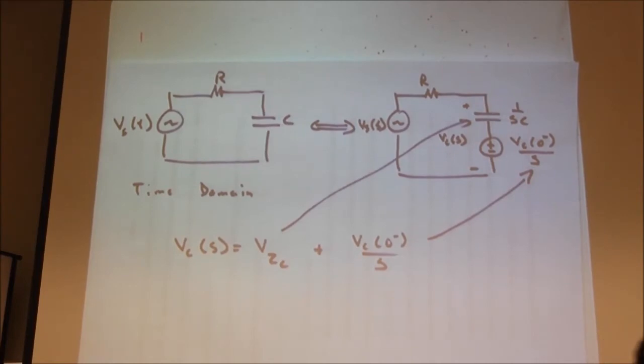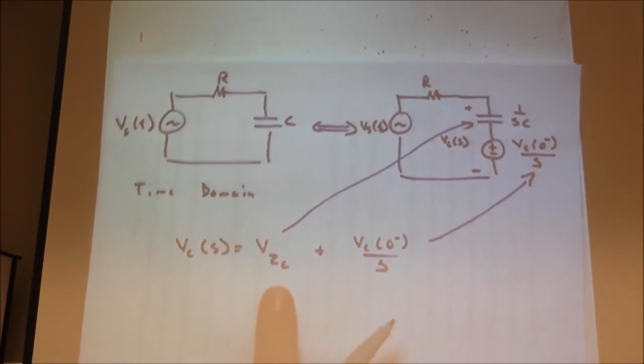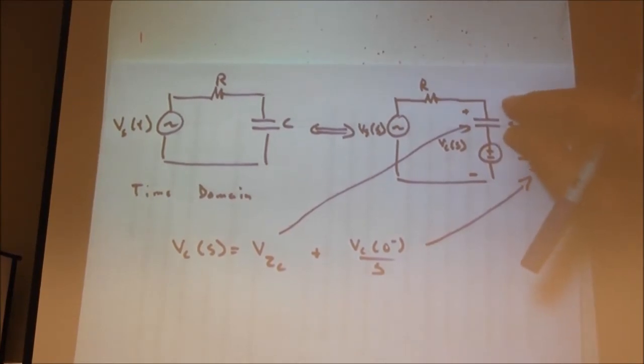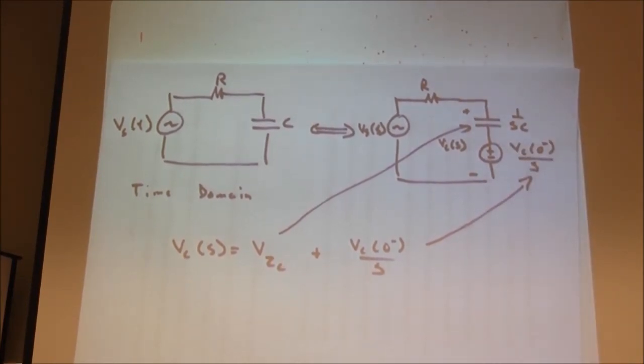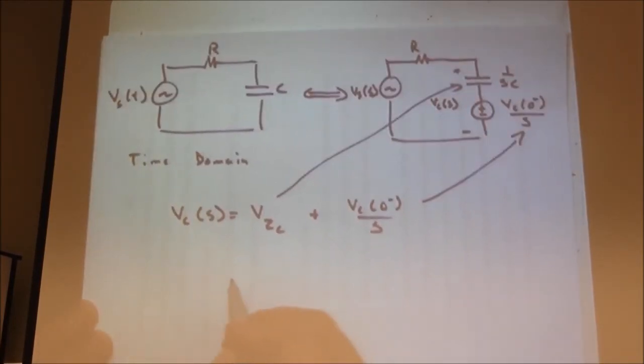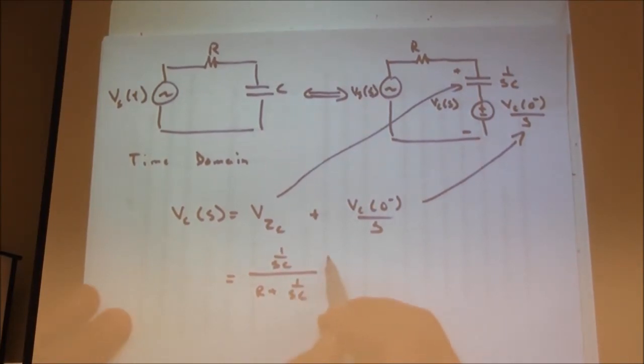Well, what's VZC? We haven't done this for a while, but how do we find just the contribution from this term? What type of circuit is that? Still a voltage divider, but a little bit more complicated voltage divider. So this is 1 over SC, which is ZC, over R plus 1 over SC, times what? This is where things get a little bit tricky.